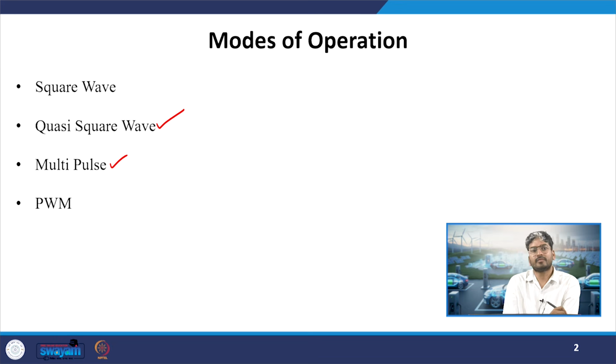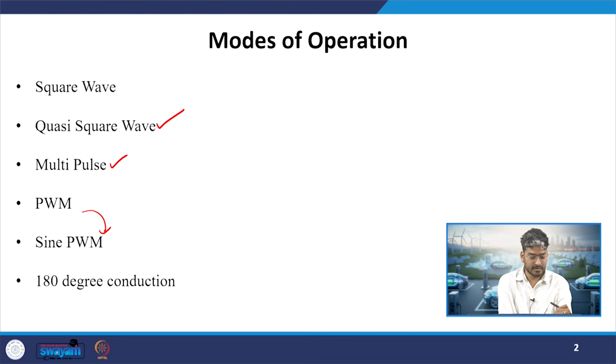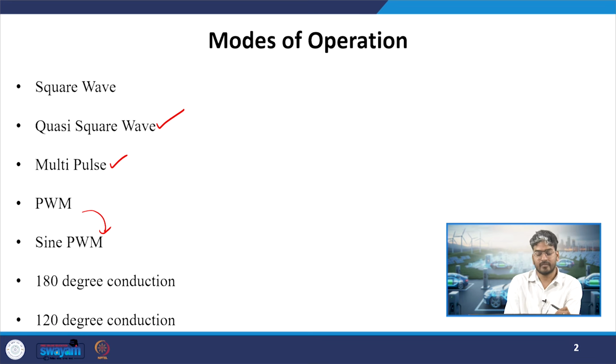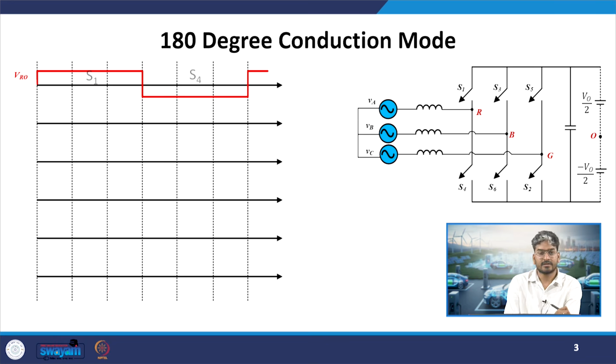So we go for pulse width modulation techniques, where we have high frequency switching operation by comparing a carrier wave with a sine wave. In that we saw the subcategory Sine PWM and how it is done. Then we shifted to the three-phase VSI, where we saw the fundamental frequency operations, called the 120 and 180 degree modes of operation, which we will see now.